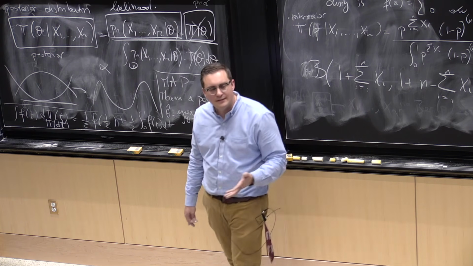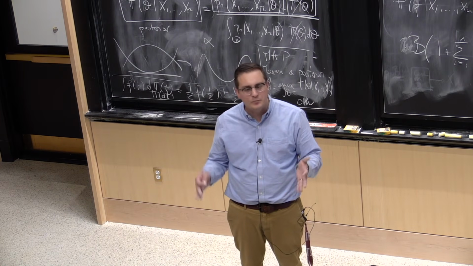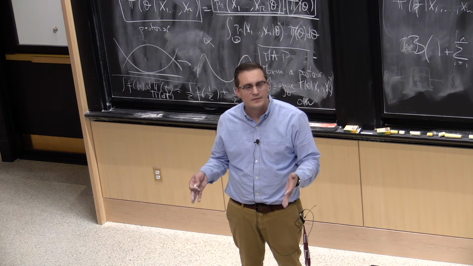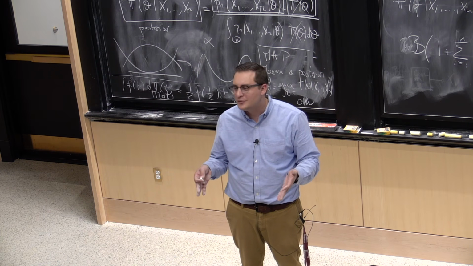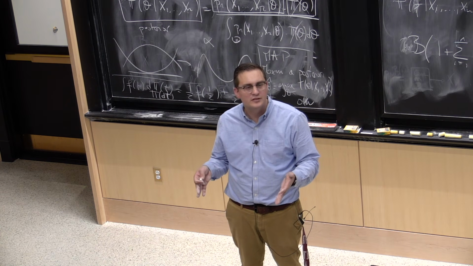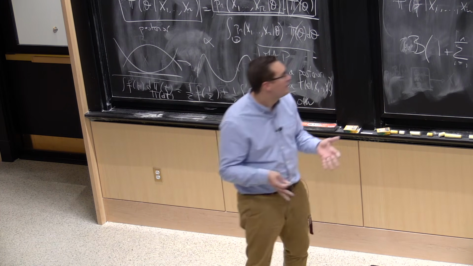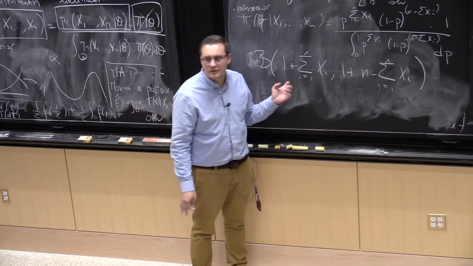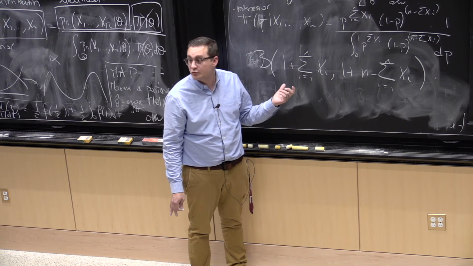And why is that something this Bayesian method does for you automatically? Because when we put this non-informative prior on p, uniform on the interval 0, 1, we know that the probability that p is equal to 0 is 0, and the probability that p is equal to 1 is 0. If I did not add this 1, with some positive probability I would be allowed to spit out a p hat equal to 0.